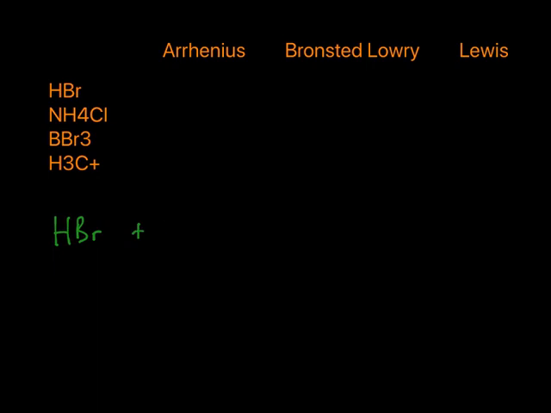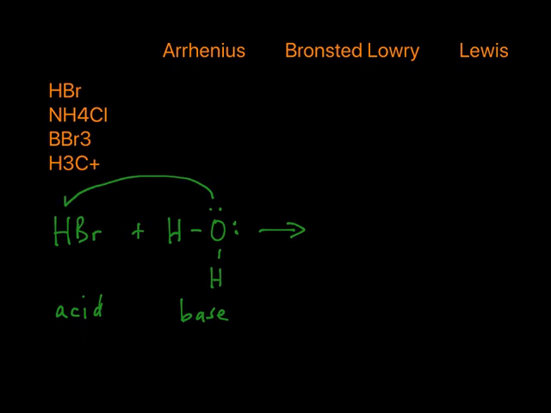if you have that in water, I'll draw water like this so that you can see what's happening. That's in water. Water is now acting as the base. And so this electron pair of water will be attracted to that proton.